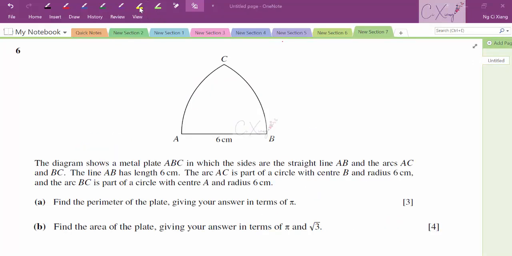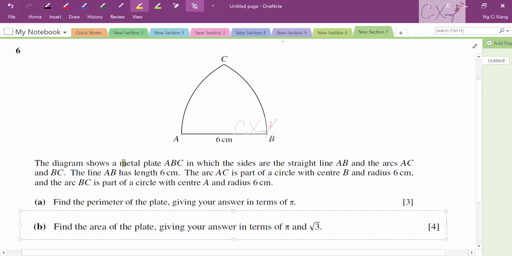Question number 6. We have a diagram and it shows a metal plate ABC in which the sides are straight line AB and the arcs AC and BC. So the line AB has length 6 cm. AC is part of the circle with center B and radius 6 cm.